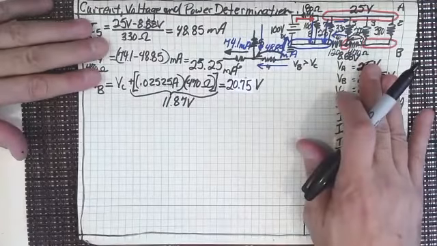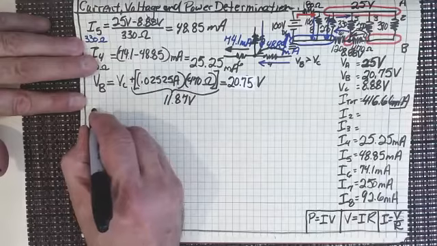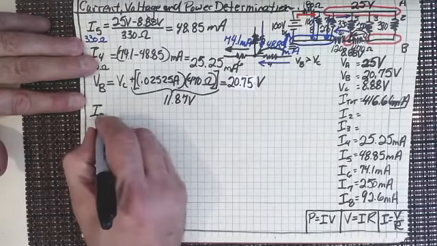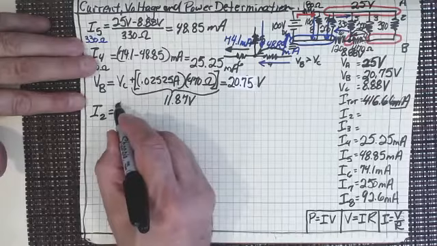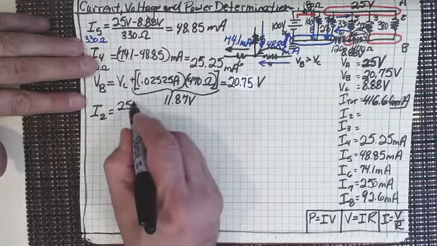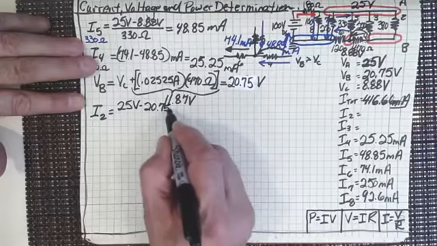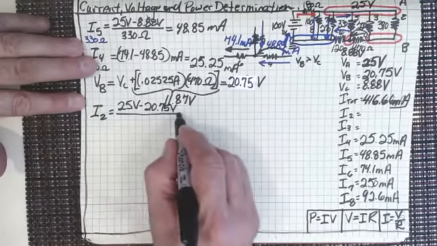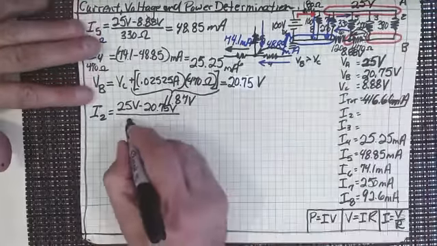I think that I2 is 390. So I2, let's just do that one. The difference in voltage is 25 volts up on top minus 20.75 volts below that. And then we're going to divide that by the resistor value, which is 390 ohms, right?